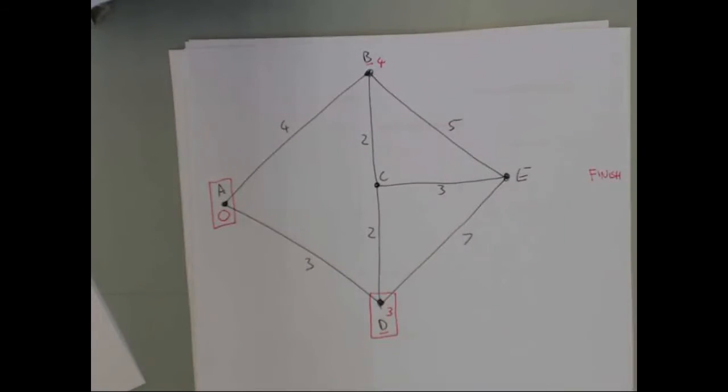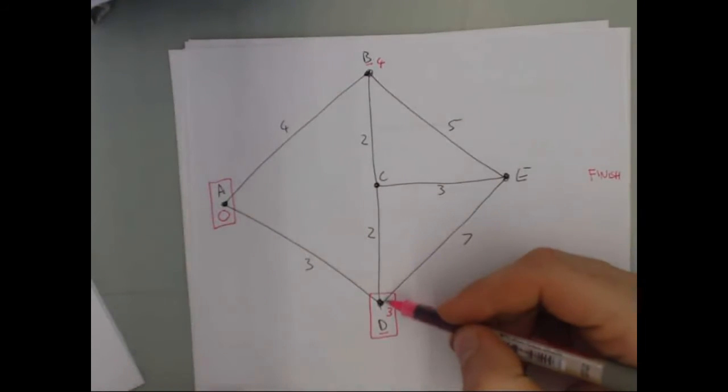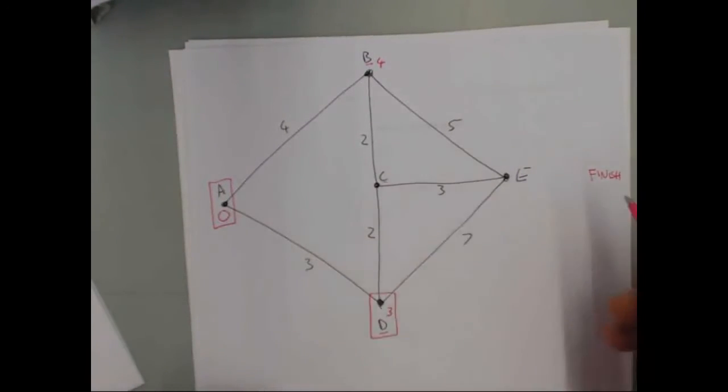Consider all unboxed nodes connected to the node you have just boxed. Label them with the minimum weight from the starting node via the set of boxed nodes. So this is the node I just boxed. I'm going to consider all unboxed nodes that are connected to it.